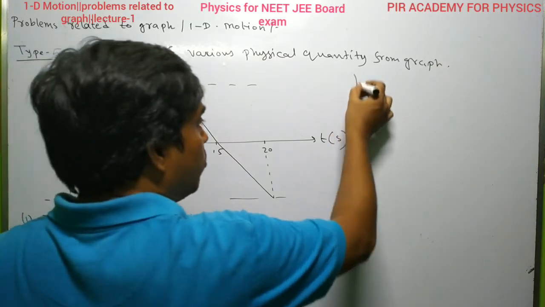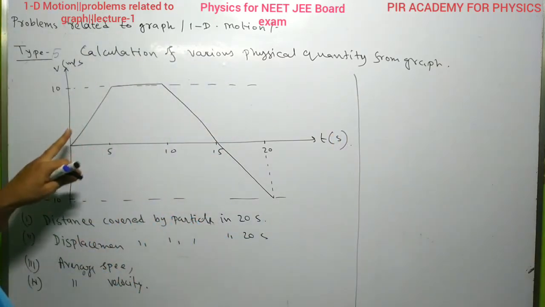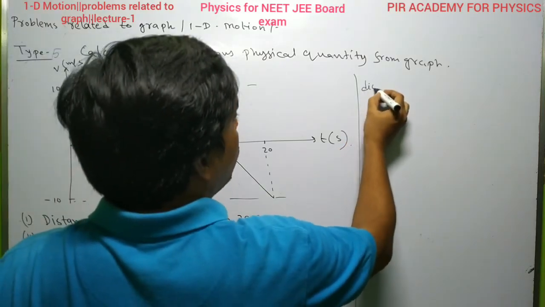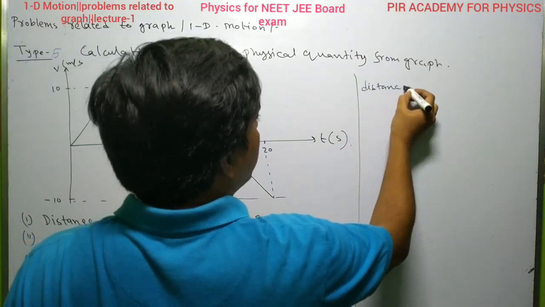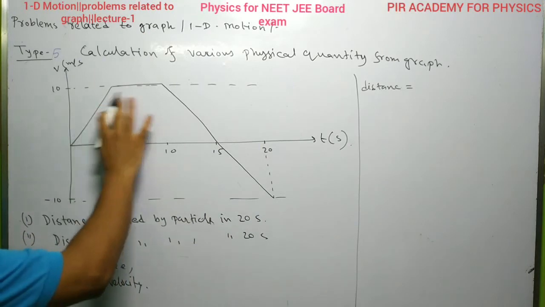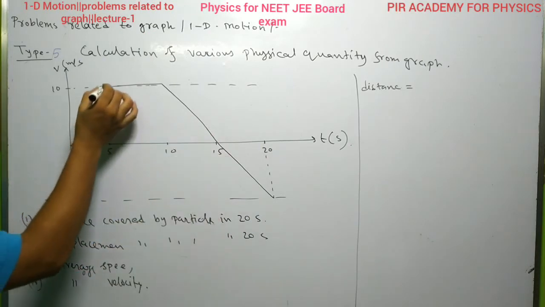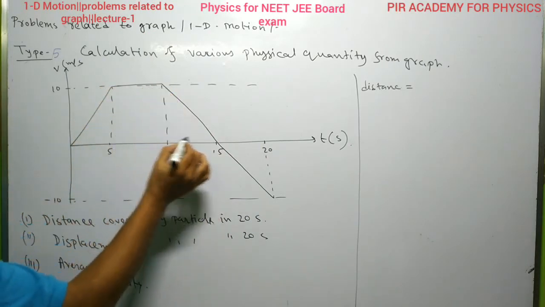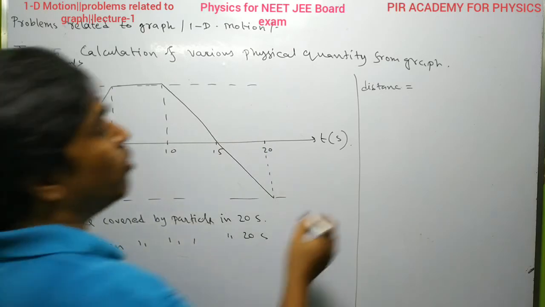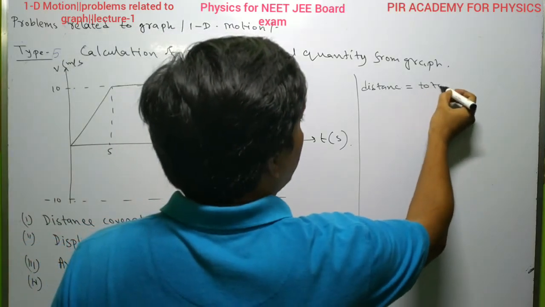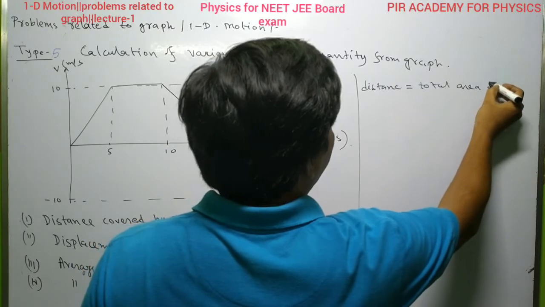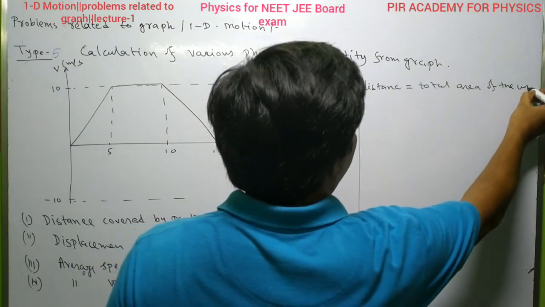How to find out the distance? Distance equals the total area of this curve. So you have to calculate the total area of this curve.